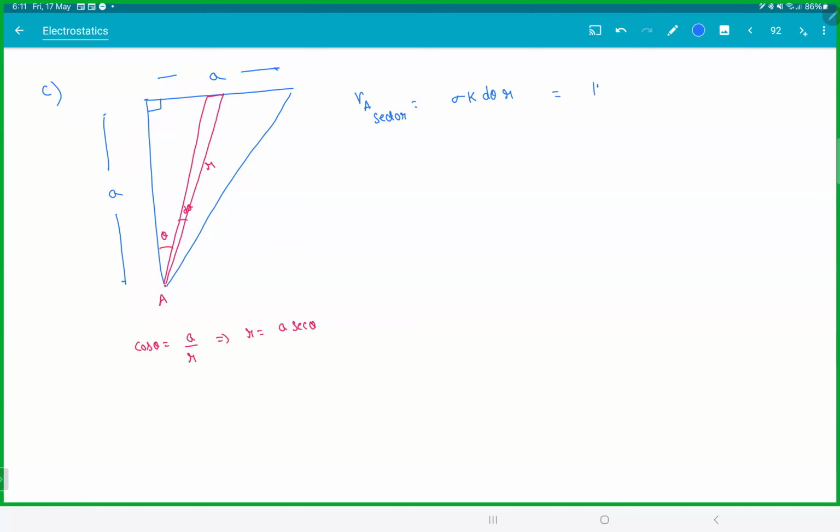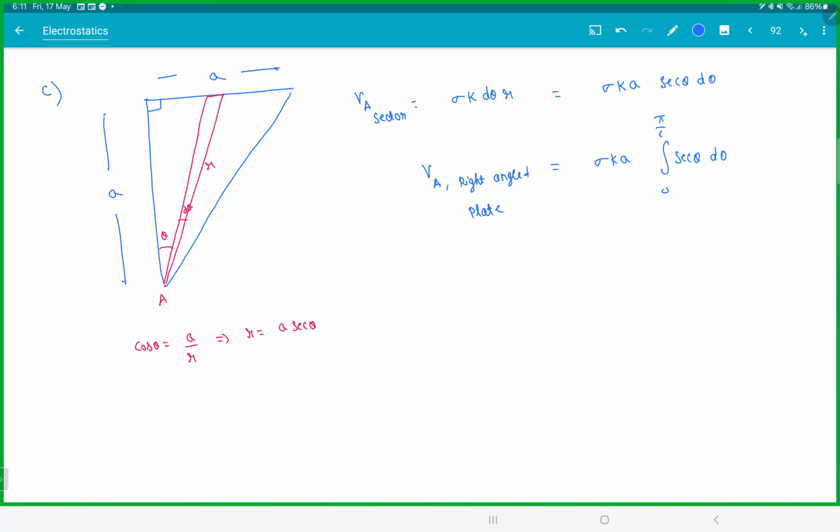So we have sigma K A sec theta d theta. So the potential at point A due to the right angled isosceles plate, I'll just write right angled plate, would be sigma K A integral sec theta d theta.